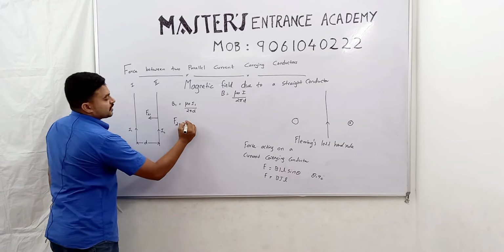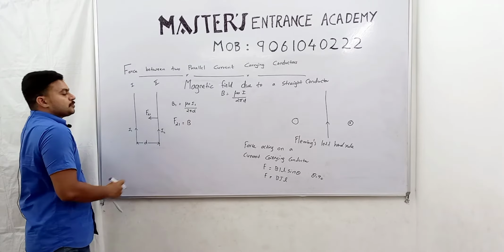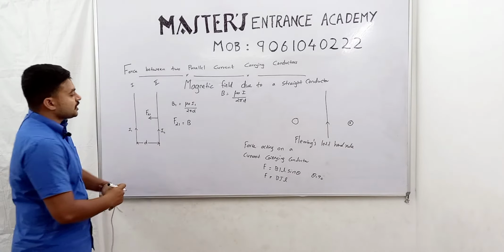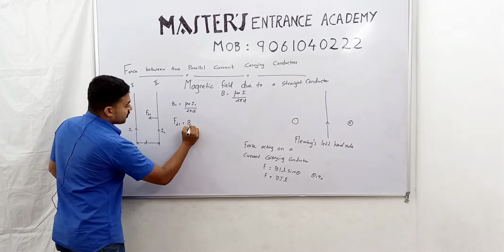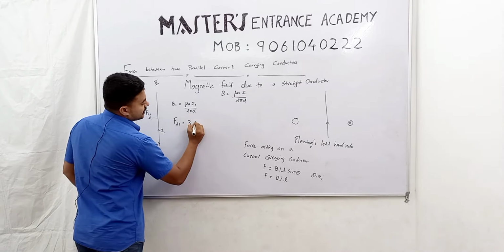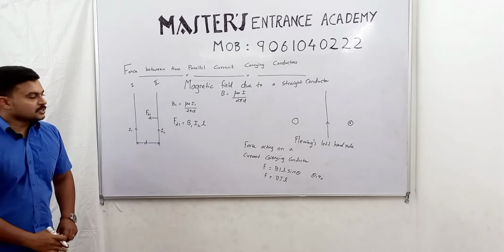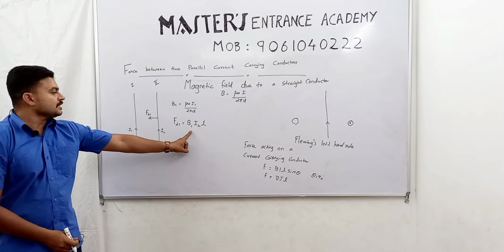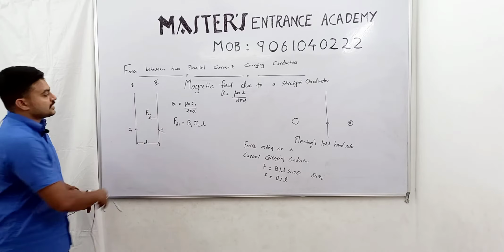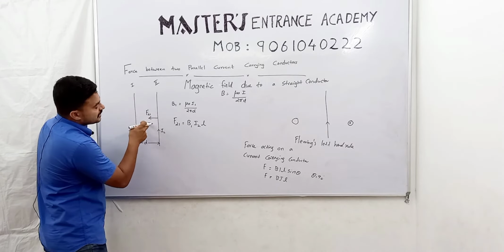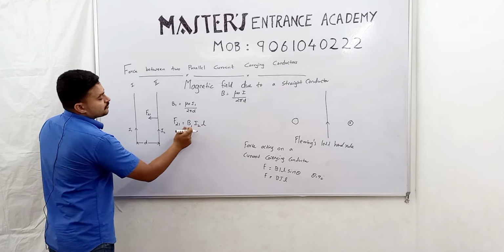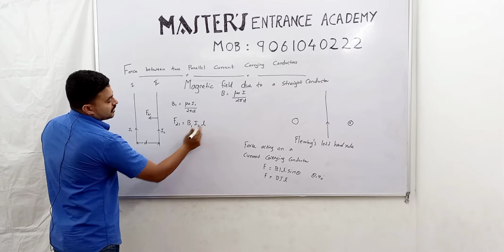So for F21, who is making the magnetic field here? B1, and the current I2 and length L. First the magnetic field, then the current in the second conductor, because this is the one moving. So F21 is equal to B1 I2 L. What is B1?